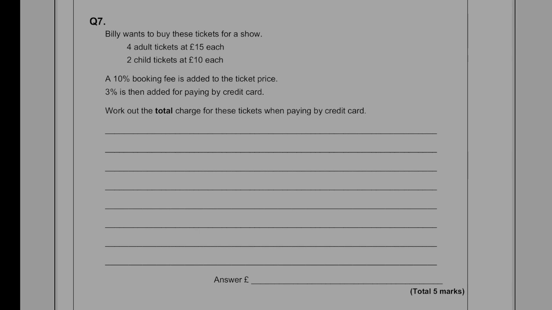Okay, so I'm going to want to do 4 times by 15 plus 2 times by 10, and I want to times that by, in effect, 1.13. 10% booking fee is added to the ticket price. 3% is then added, so I've done that slightly wrong.